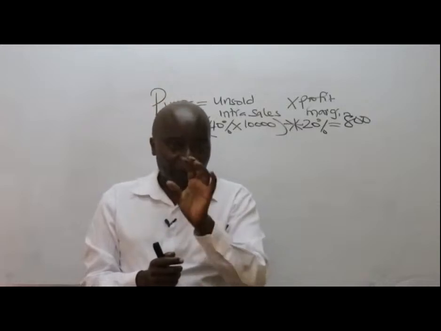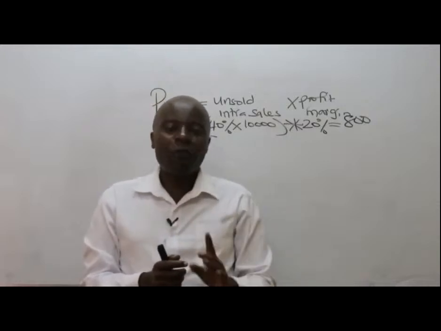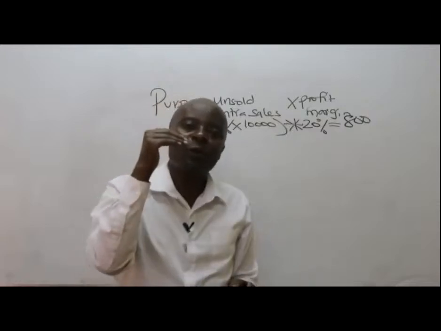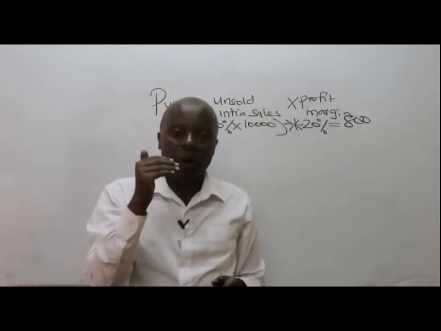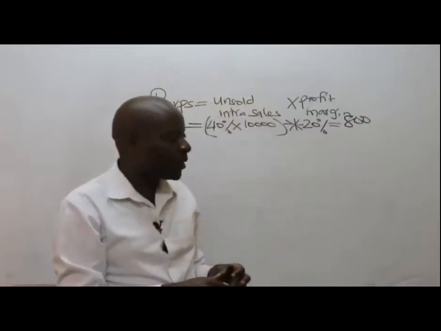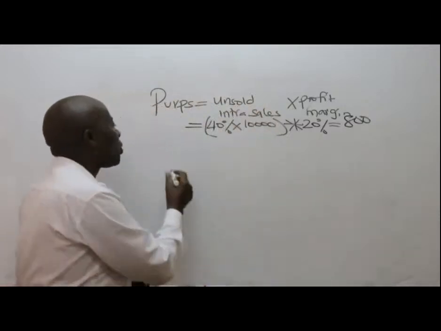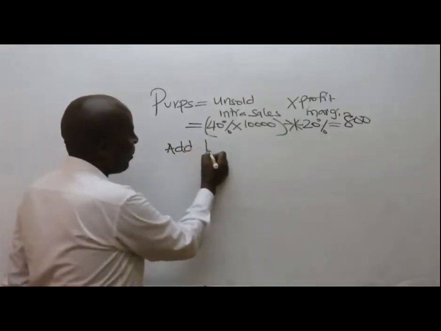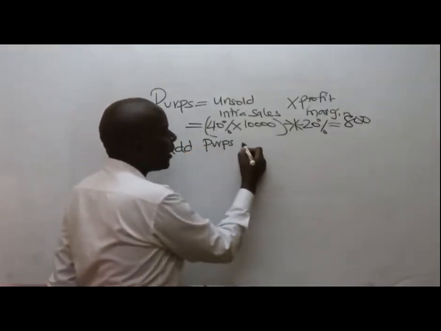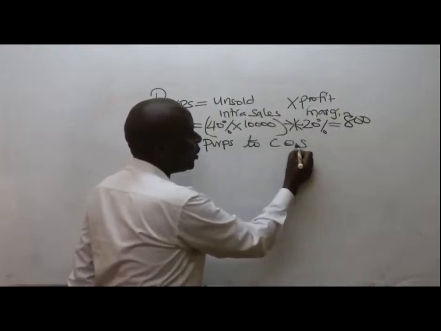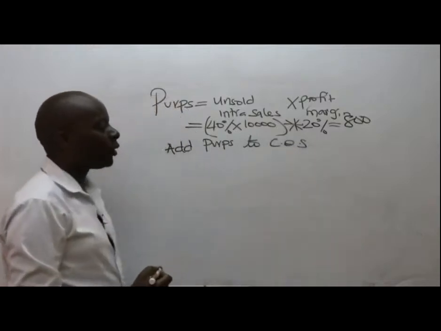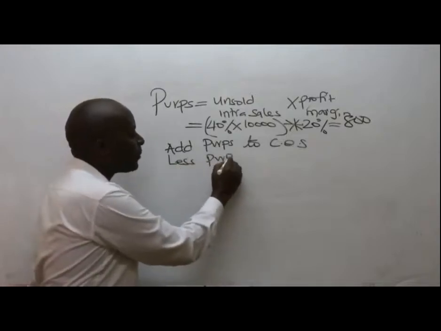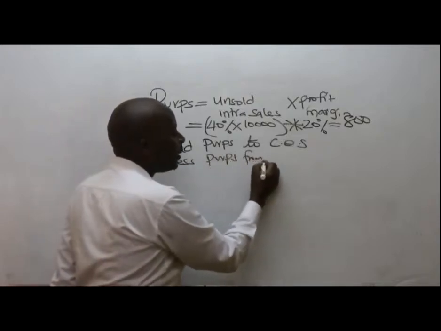We don't want to go into that particular standard. For now, the thing that you're supposed to know about group accounting, for you to be able to say that you are competent in group accounting, is that when you get these PAPs, you add PAPs to cost of sales, and then you less PAPs from the group inventory.